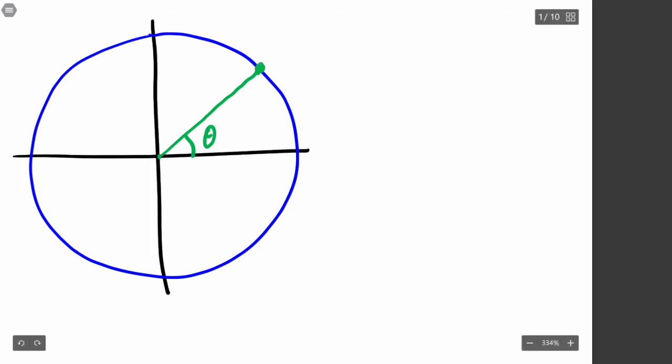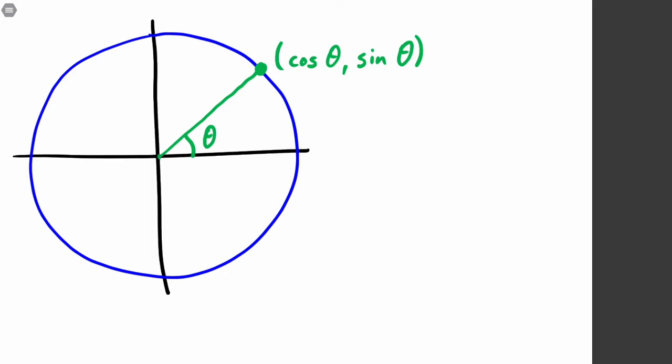Then this point, the x value here is cosine theta, and the y value is sine theta. Right? So once we have that information, we know that this green length here, this radius, is length 1. So once we know that, given different angles, we can find the values of these.